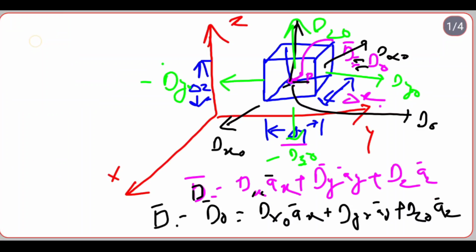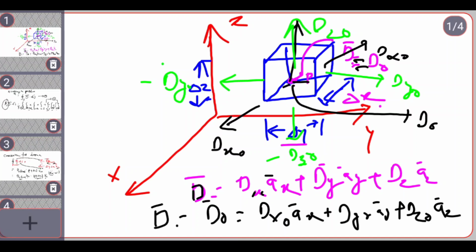But dx front is changing in x direction. You can see the diagram. If you assume dx naught, dx front is changing in x direction.